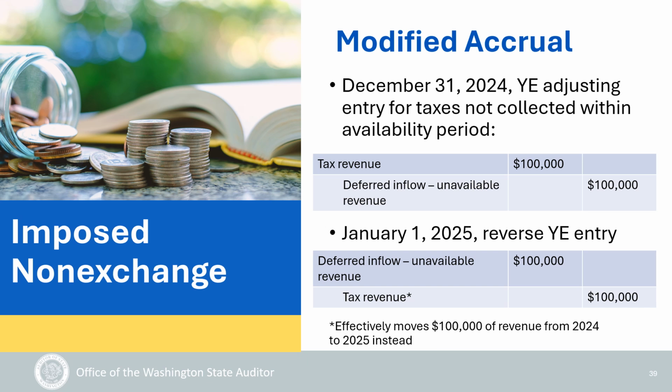This reduces the property tax revenue reported in modified accrual to $4.9 million. Then in January, the next fiscal year, this adjusting journal entry is reversed. This process effectively moves the $100,000 of revenue from 2024 to 2025.